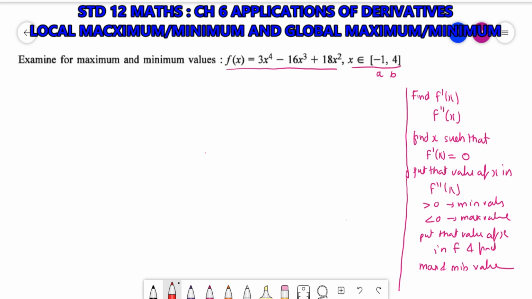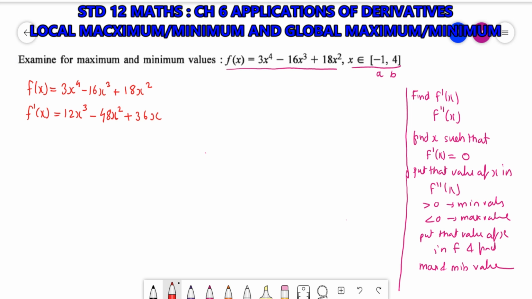Okay, so first let me write down the function: f(x) is equal to 3x raised to 4 minus 16x cubed plus 18x squared. Now what is f dash x? 12x cubed minus 48x squared plus 36x.